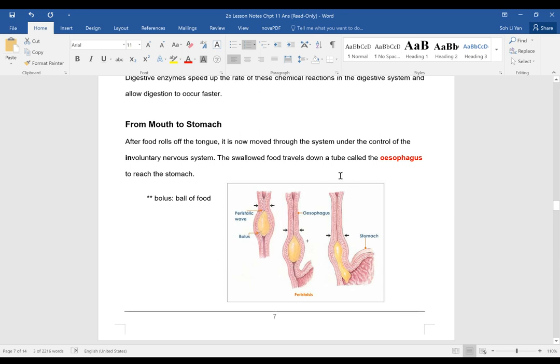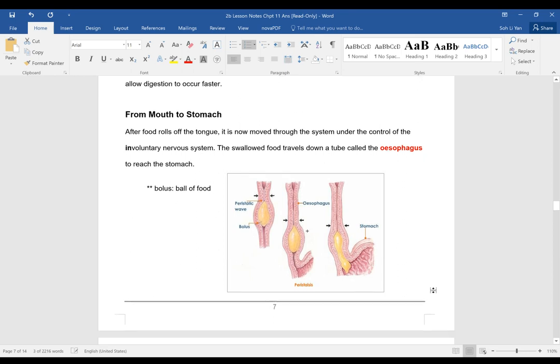It's similar to squeezing toothpaste out of the tube. It's the same motion where we squeeze down. So you will have wave-like contractions and relaxation, and finally the food reaches the stomach. This series of wave-like contraction and relaxation is known as peristalsis.